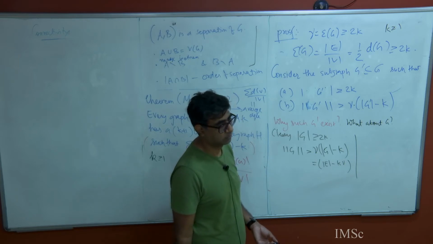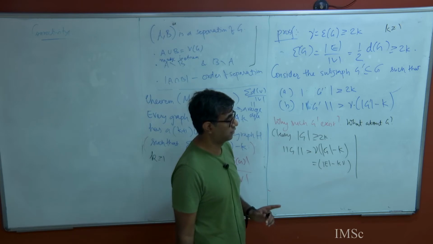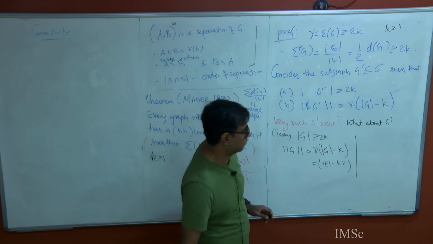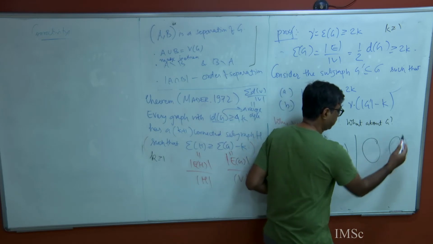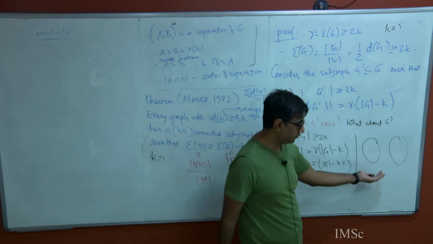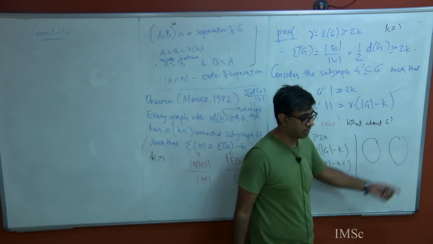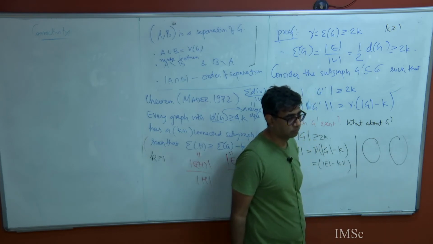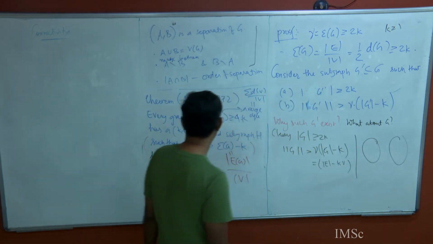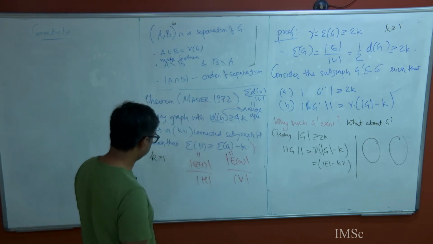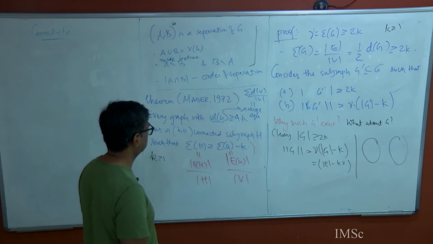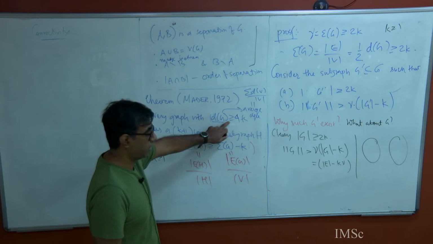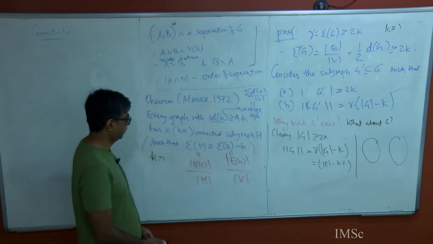K equal to 0 does not mean the graph does not have any edges. Look at the two, yeah. So this is a graph with 0 connectivity with very high degree. But then where do you get k equal to 0?